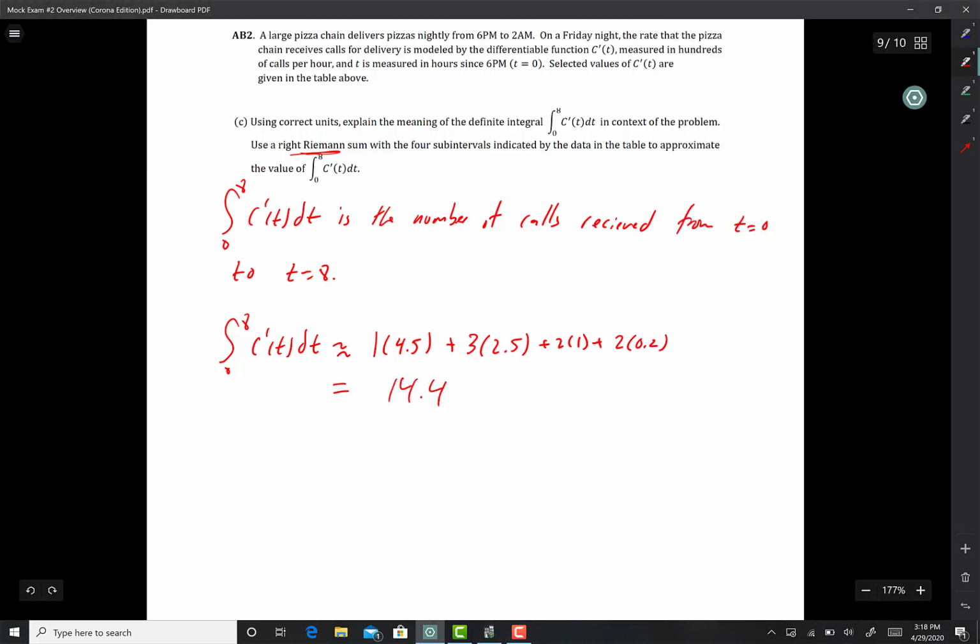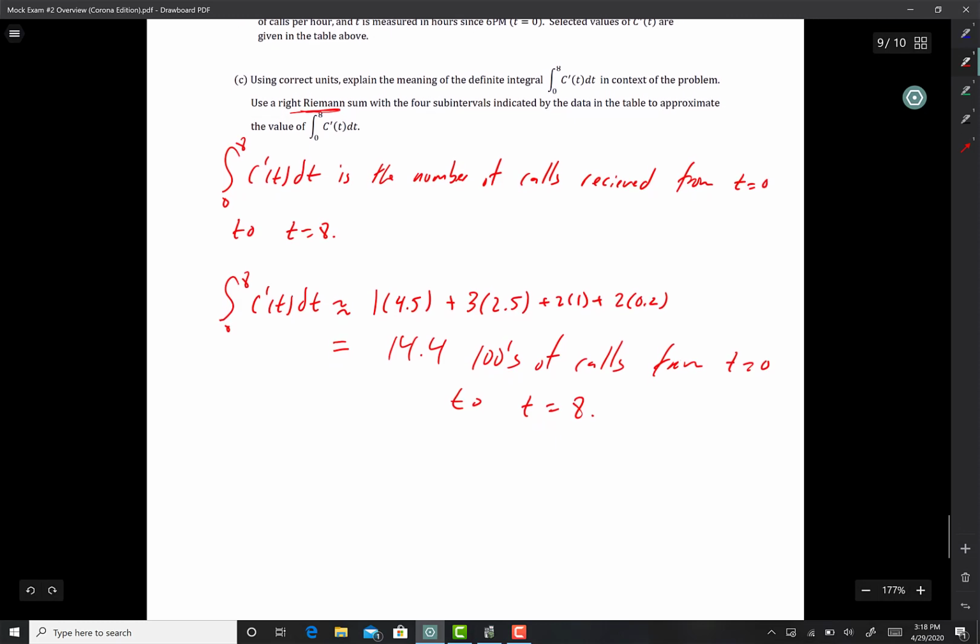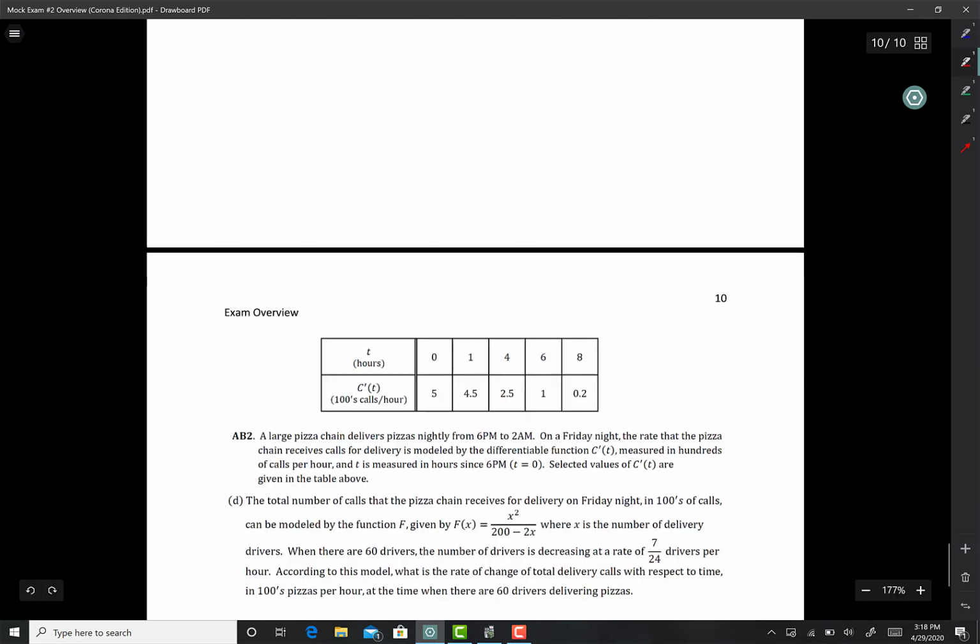So that's how many calls you get. Times 100, so 1,440, hundreds of calls, from t equals 0 to t equals 8. You could also say 1,440. And I think that's it, guys. All right, let's go to the next one.